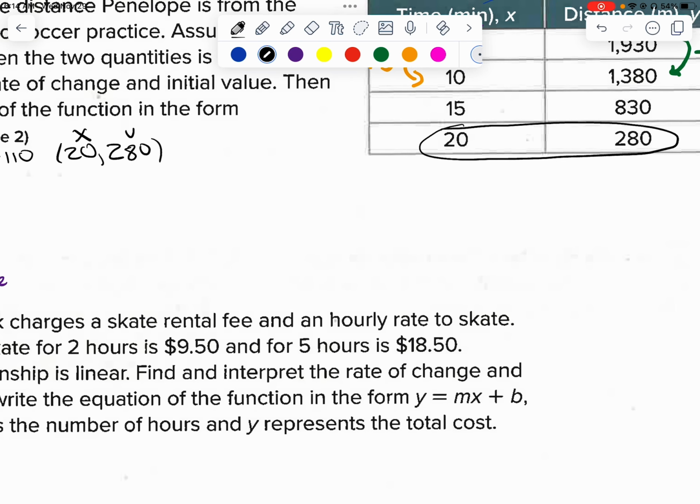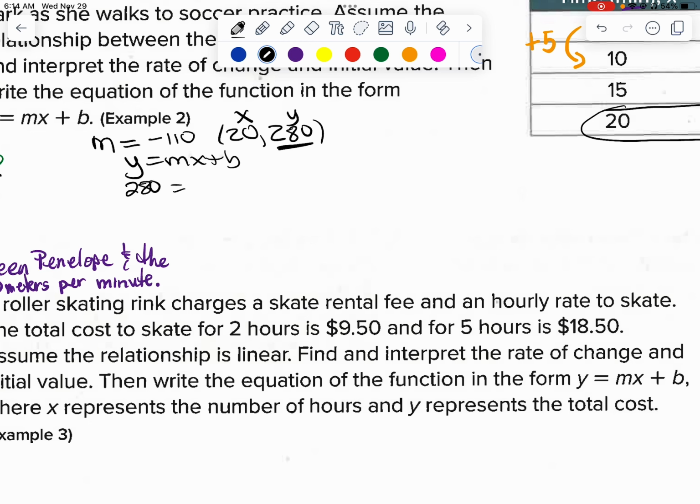So I'm going to plug it into y equals mx plus b. I'm replacing the m, the x, and the y because I want to find the b value. I replace y with 280 because 280 is the y value. I replace m with negative 110 because that is what it is. Then the x value is 20.